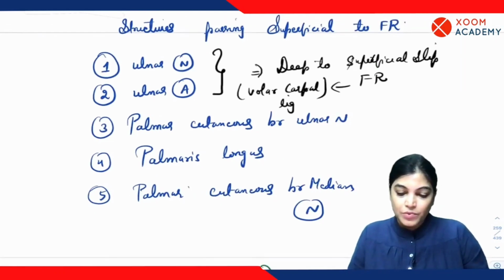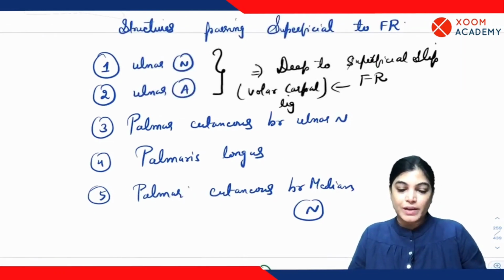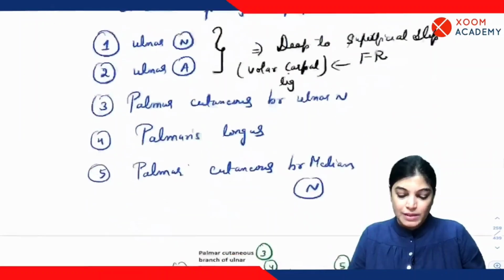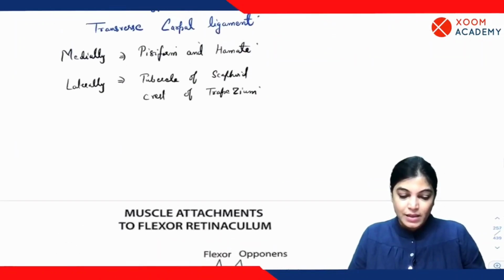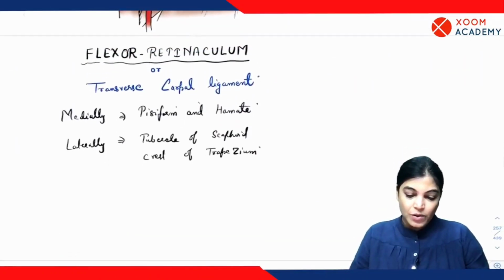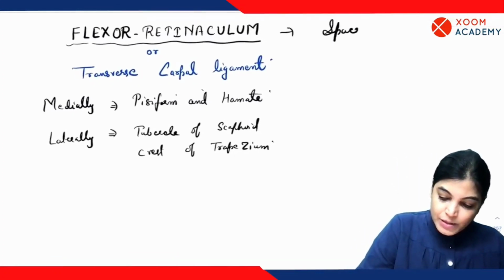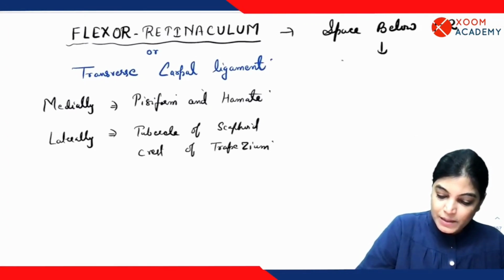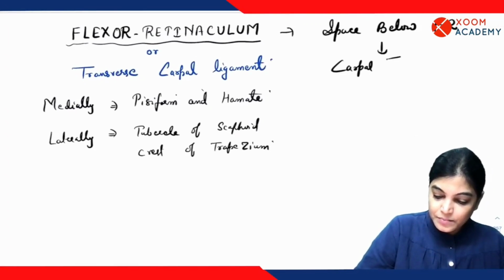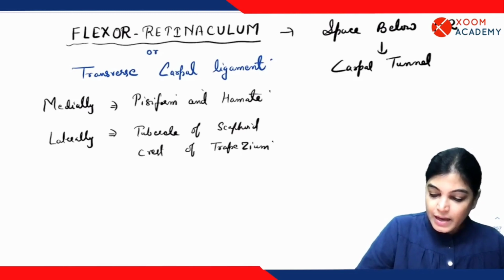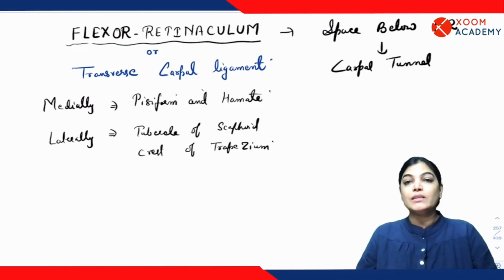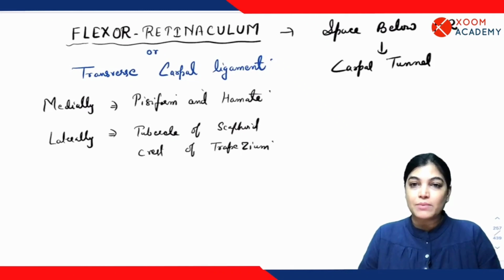Now, it is also important for us to know the structures passing deep to flexor retinaculum. I would like to write one more point, that the space below flexor retinaculum is called the carpal tunnel. The compression of median nerve in the carpal tunnel is called carpal tunnel syndrome.